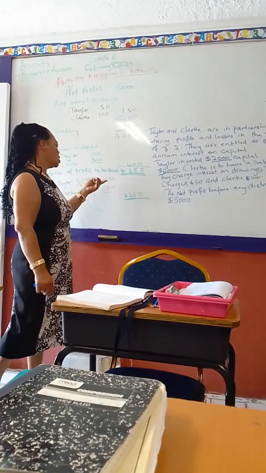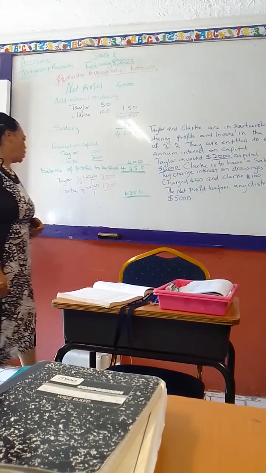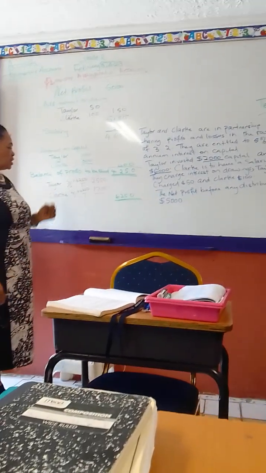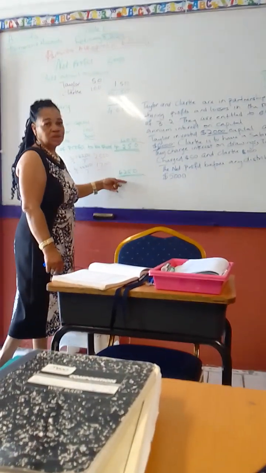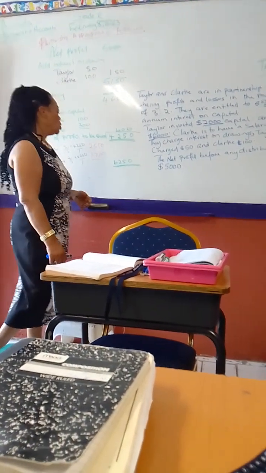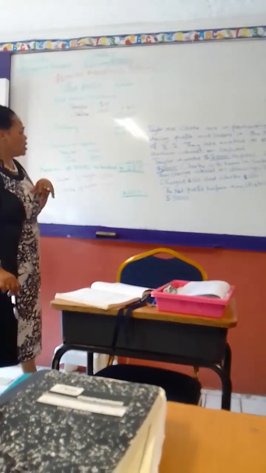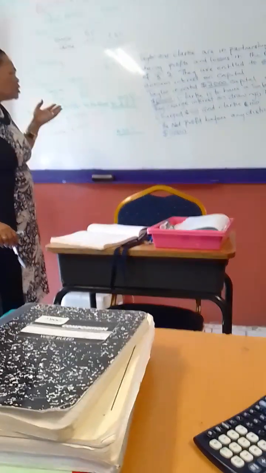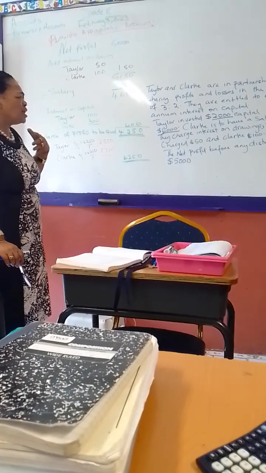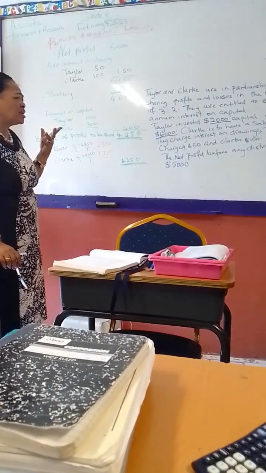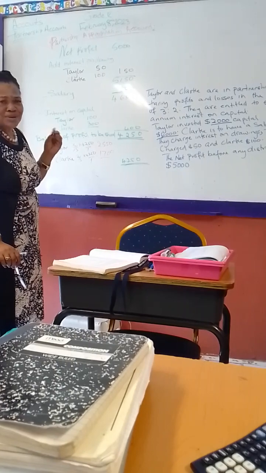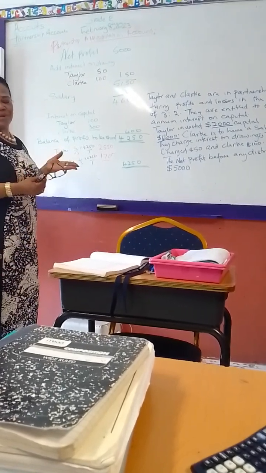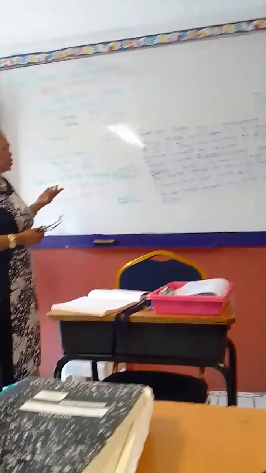Taylor is going to get 2,550, and Clark is going to get 2 out of 5, 1,700. And so that is going to give me back my 4,250. Now, when I looked at this problem, I was wondering, why is it that Taylor is getting a bigger portion of the profit? Because he only invested 2,000. Normally the person who invests most of the capital would get most of the profit.